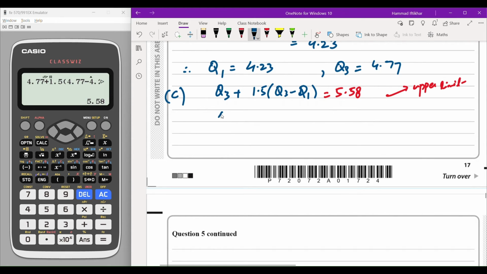Now the lower limit, Q1 minus 1.5 times Q3 minus Q1, is 3.42. This is the lower limit.